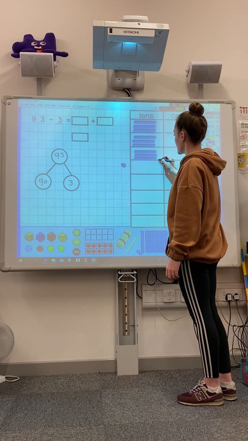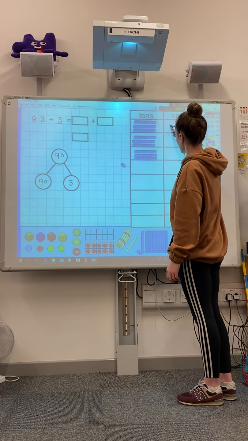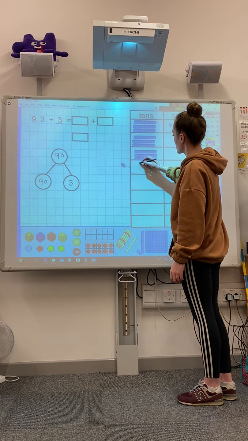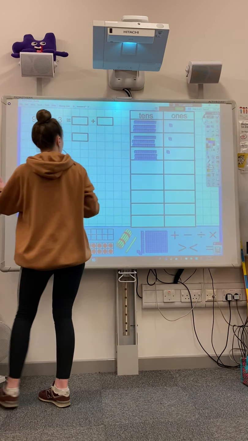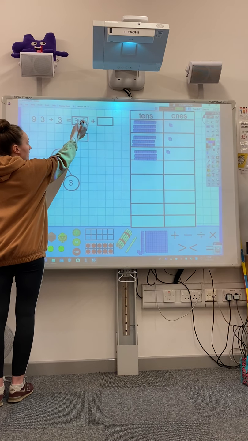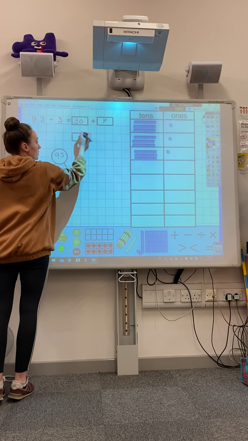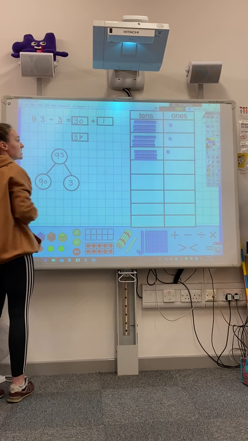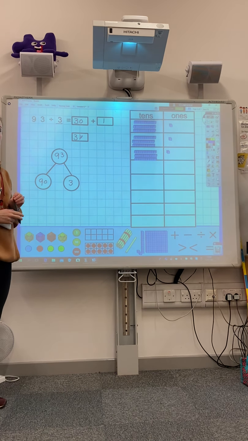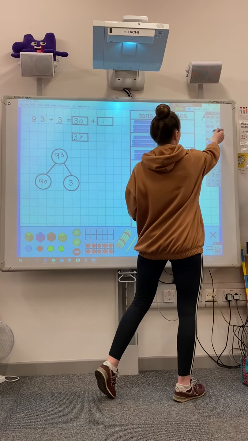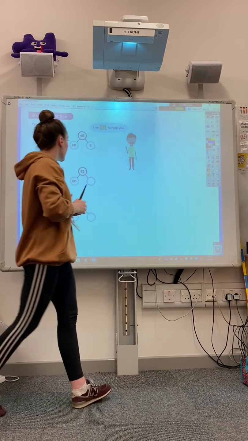Split my 9 10s into 3 groups, and now I'm moving on to my 1s. Then I would count how many are in each group. I've got 3 10s, which is the same as 30, and 1 1. 30 add 1 equals 31. 93 divided by 3 equals 31. Okay, there's your guided practice.